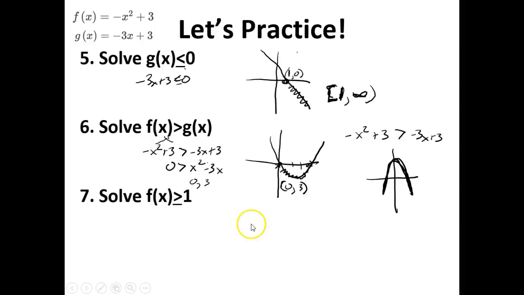And then if I do the other one in red, it's a line that goes something like this. So when is the black bigger than the red? Well, it's in this section right here.